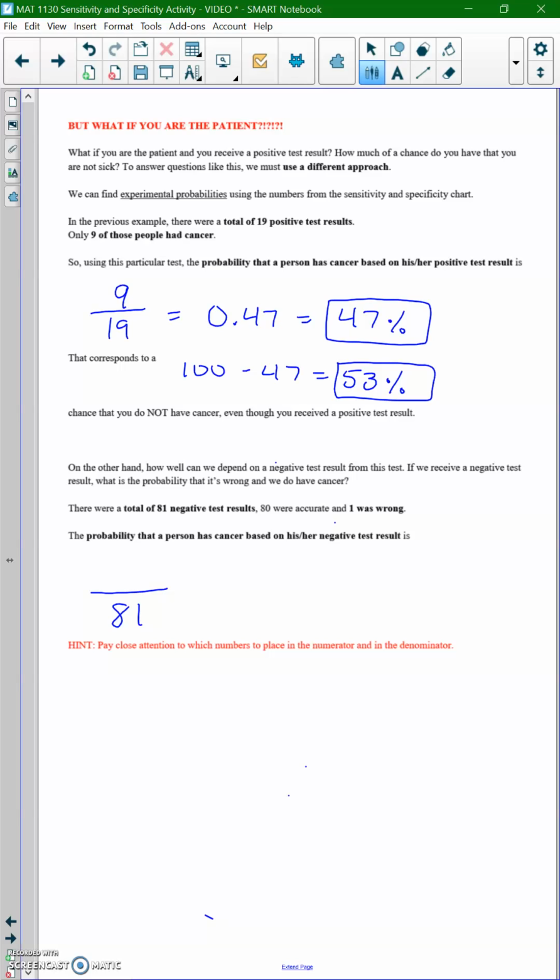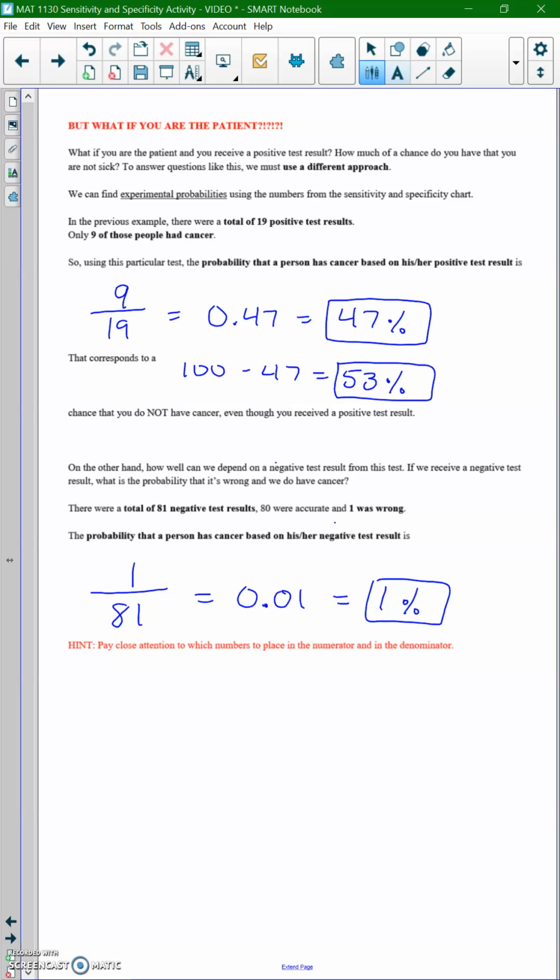Only one of those 81 negative results was wrong. 80 were accurate, one was wrong. So if we take 1 divided by 81, we get 0.01 or 1%. What this is telling us is even if we test negative, where they tell us we don't have cancer, for this particular test, there was a 1% chance that we actually did have cancer.